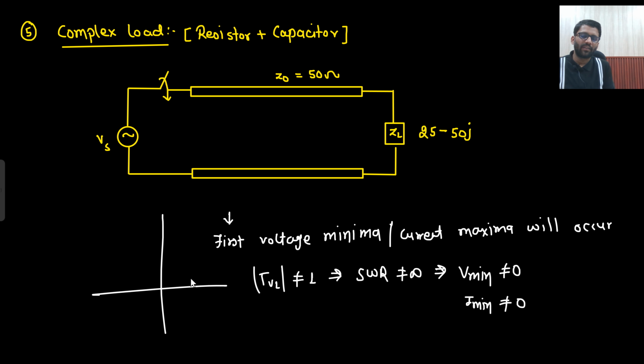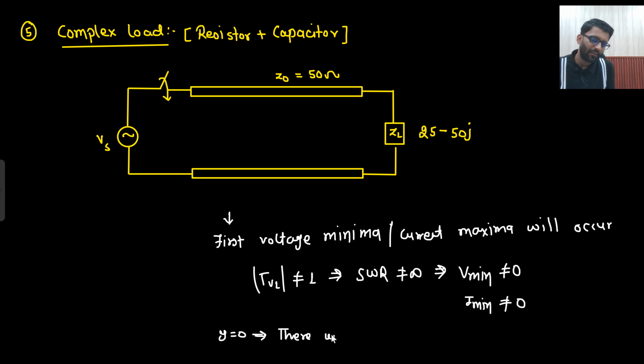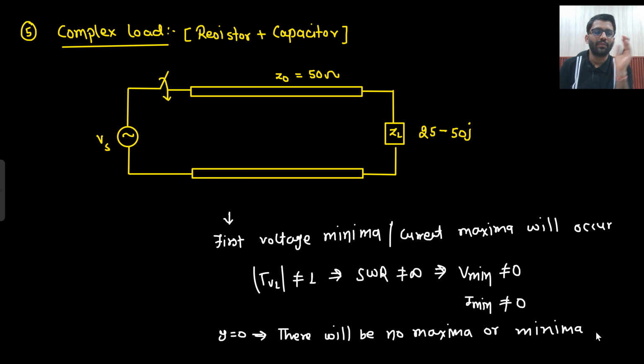So certainly the standing wave pattern will look something like this, and at y equals 0 there will be no maxima or minima. In which case were you getting maxima or minima at y equals 0? When the load was purely resistive. Why is that so? Because gamma L was real.